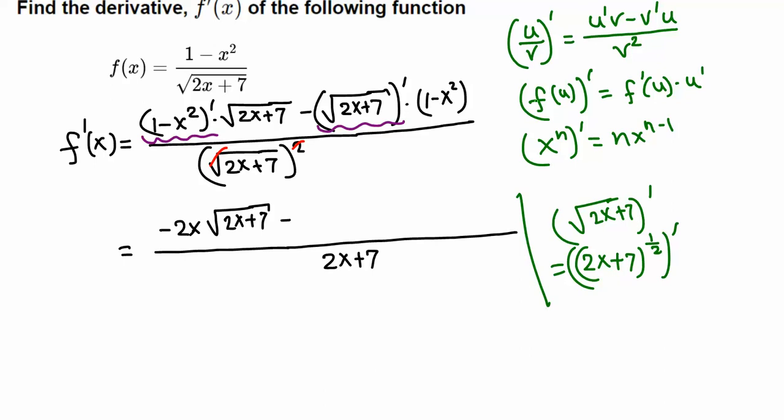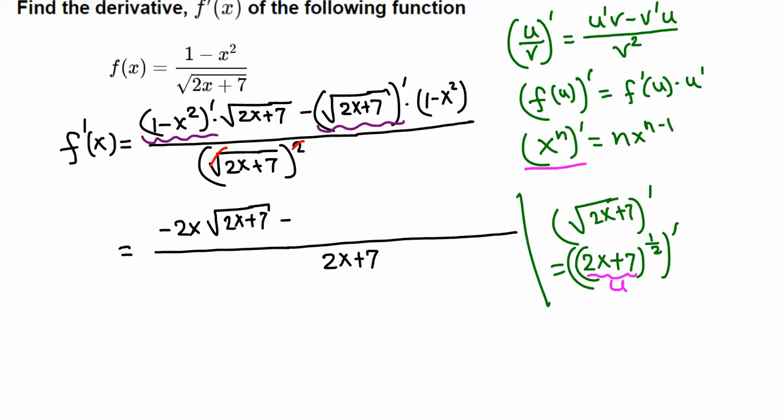So there is an outer function and u is the inner function. When we find the derivative of the outer function, leave the inner alone, times the derivative of the inner function. In this case, 2x plus 7 is like u, the inner function, and that raised to 1/2 is like x to the n, the outer.